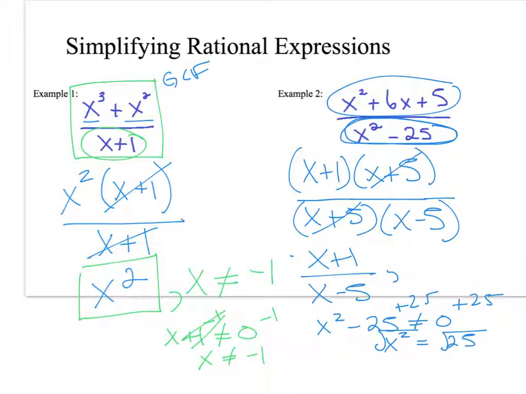I'm going to square root both sides. That gives me plus or minus the square root of 25, which means that plus 5 and negative 5 is going to be my domain. So x cannot equal negative 5 or positive 5 in this case.